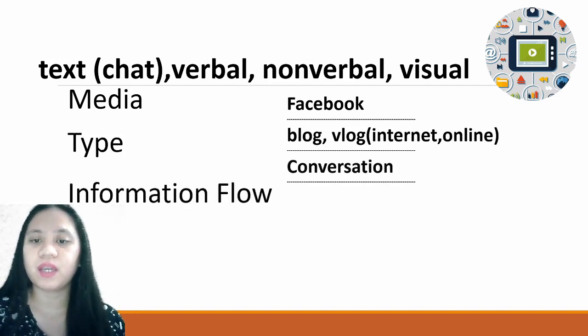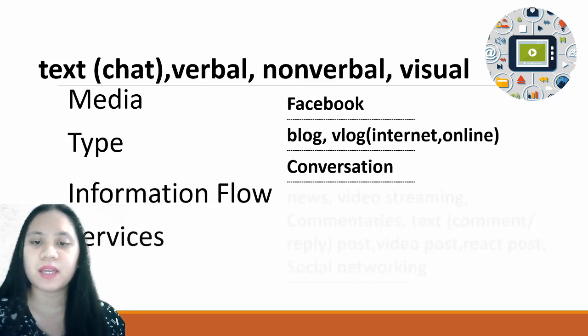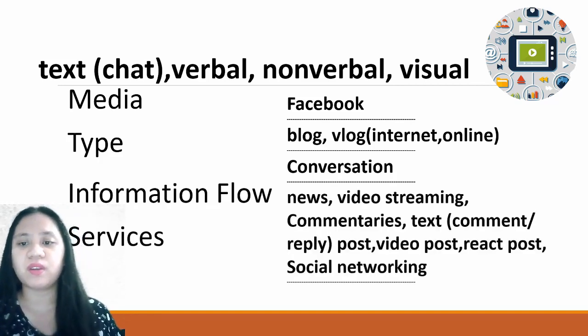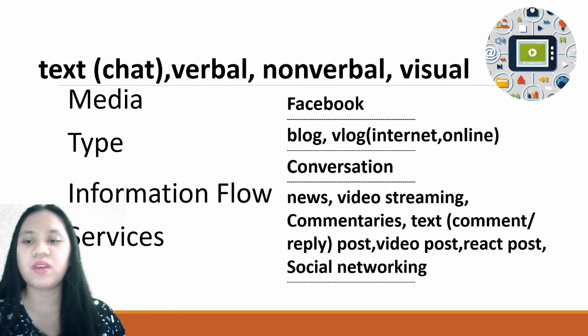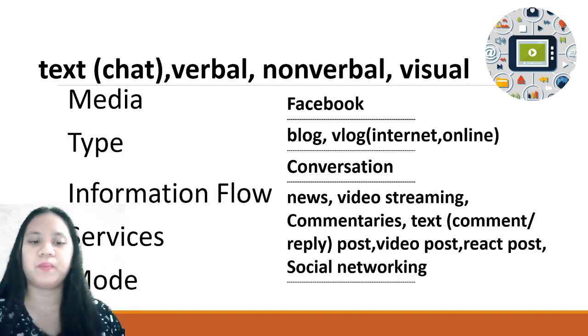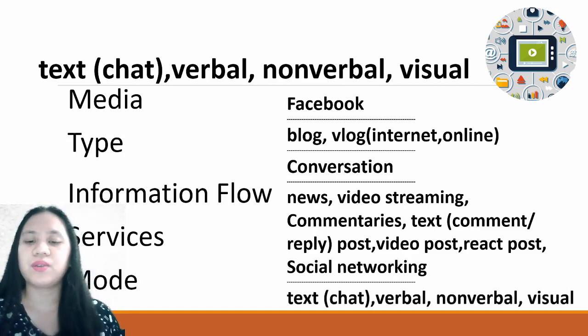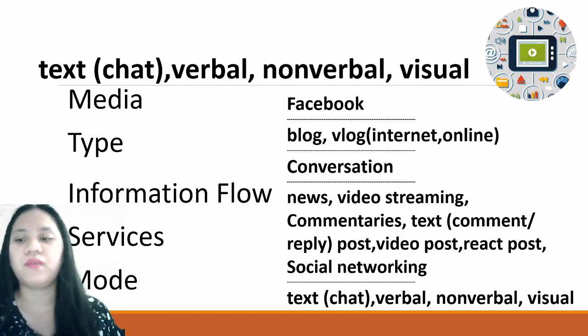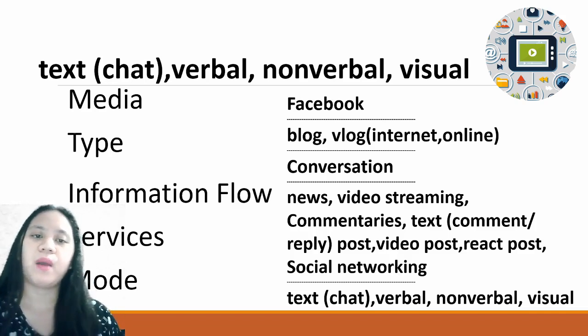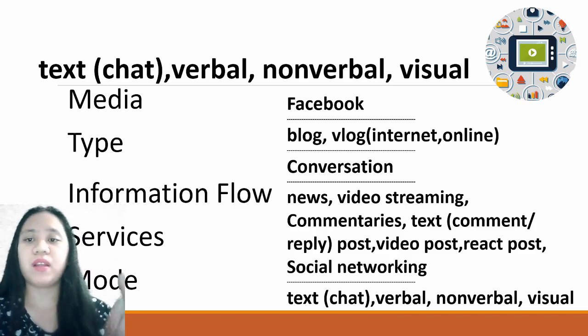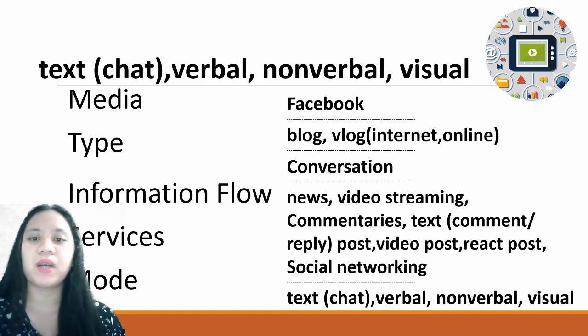For information flow, it allows conversation. The services include news, video, streaming, commentaries, text, comment, reply, post, video post, react post, and social networking. The mode is text or chat, verbal, non-verbal, and visual. So it has all of them. That is Facebook. There are many other examples, many platforms we can use for text, chat, verbal, non-verbal, and visual.